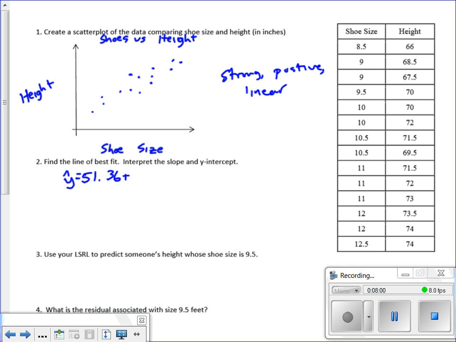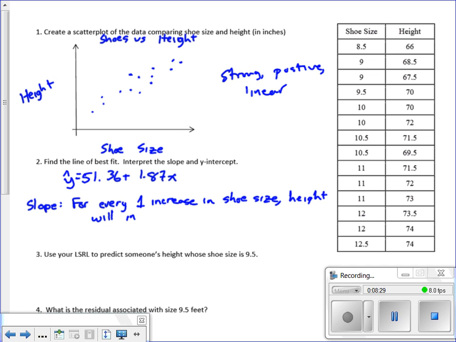So the interpretations: the slope, for every 1 unit increase in shoe size, and since it's positive, we know that height will increase by 1.87 inches.